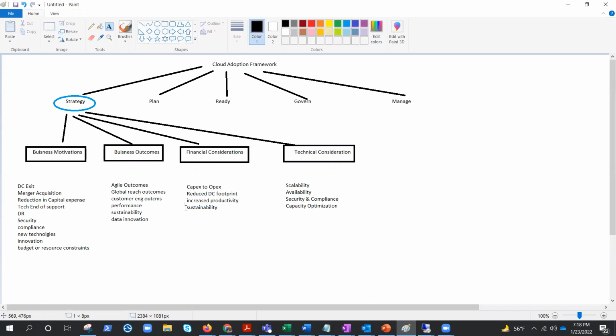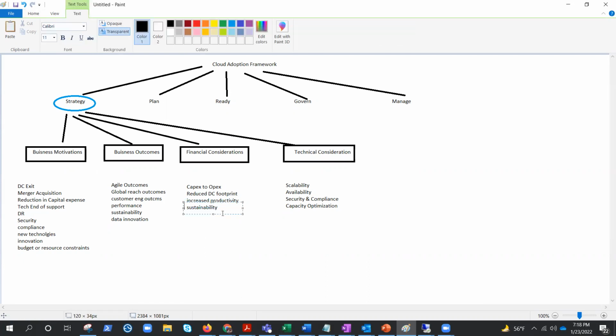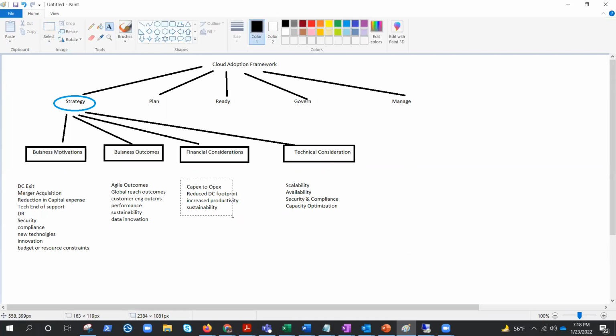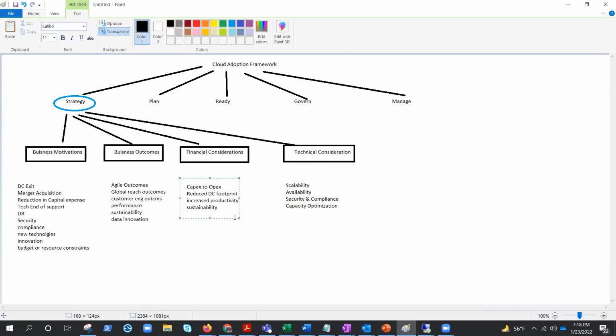And sustainability. Migrating to the cloud can reduce your carbon footprint, and your org immediately benefits from a sustainability perspective.